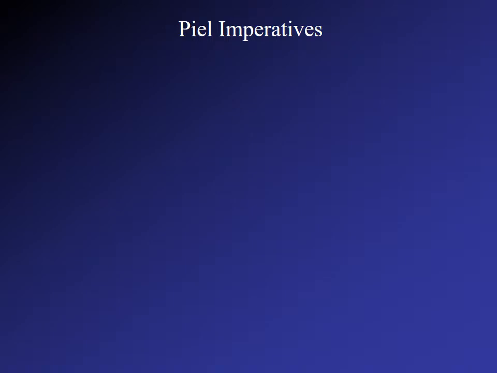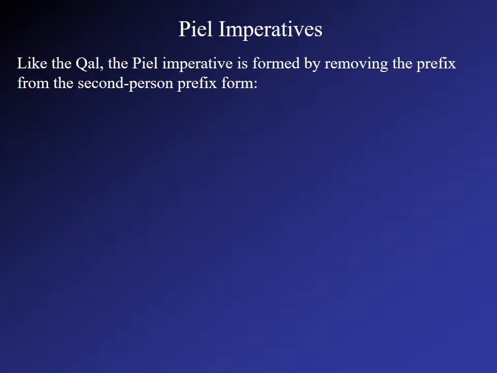Okay, before we can parse this word, we need to think about Piel imperatives. So the Piel imperative, just like the Qal imperative, is formed by removing the prefix from the second person prefix form. So if we want to make the masculine singular Piel imperative, the first thing to do is get the Piel prefix second masculine singular form, which is tefaked.